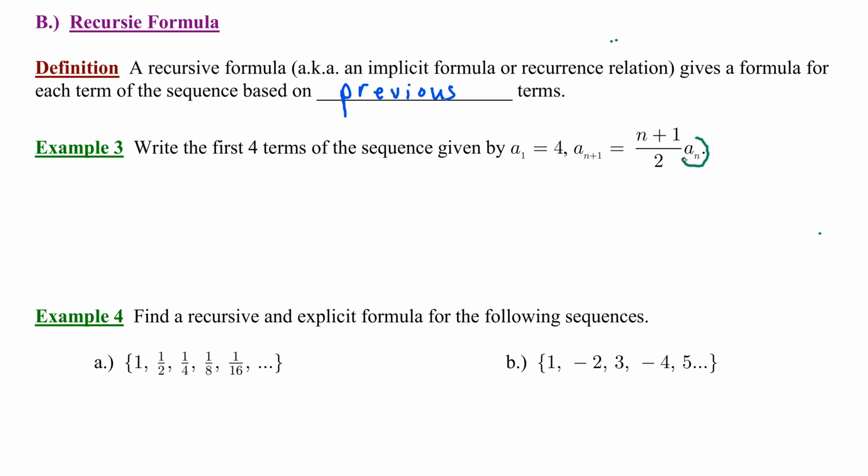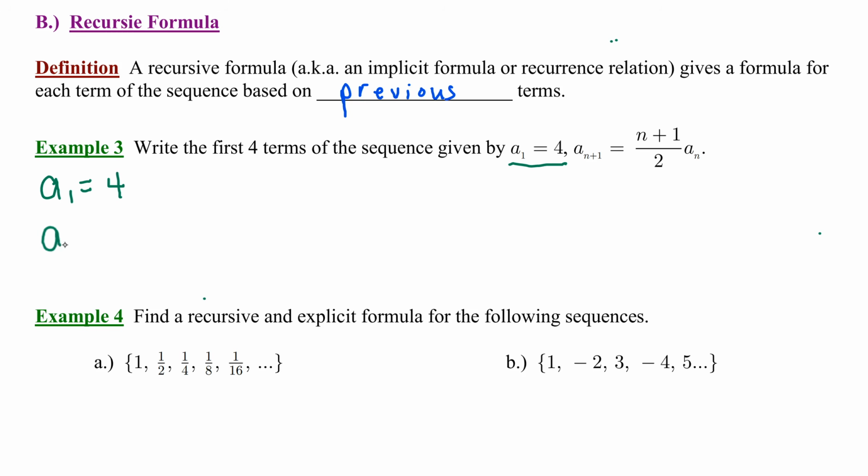To get the n plus first term of the sequence, I'm going to need to know the term that came before it. And anytime we have a recurrence relation, we always have to have a place to begin. So the first term of our sequence is defined as a sub 1 equals 4.